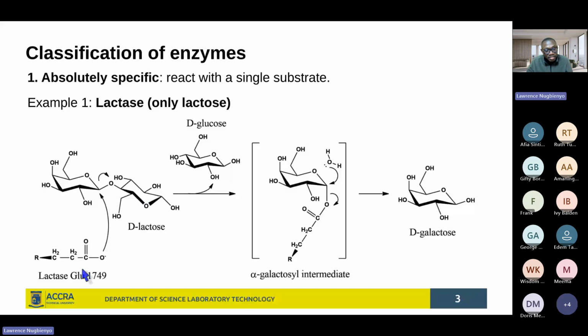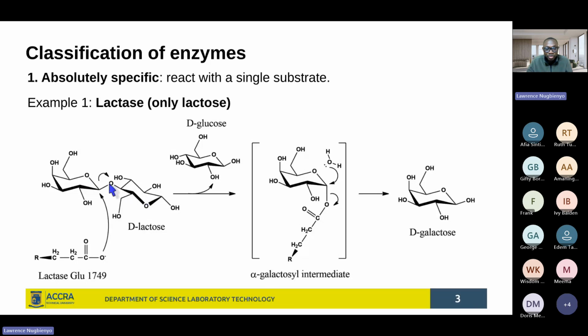So you see the lactase molecule, the enzyme, and on that glutamate, the side chain of the glutamate is what is showing here. And that side chain is what is attacking the glycosidic bond between the glucose and the galactose molecule that are bonded together.